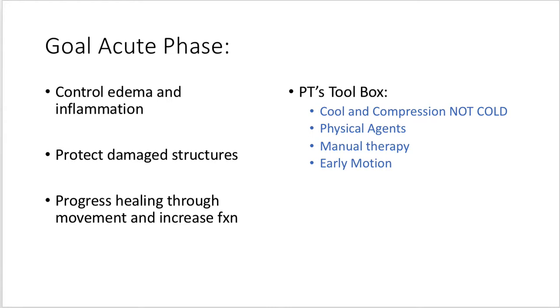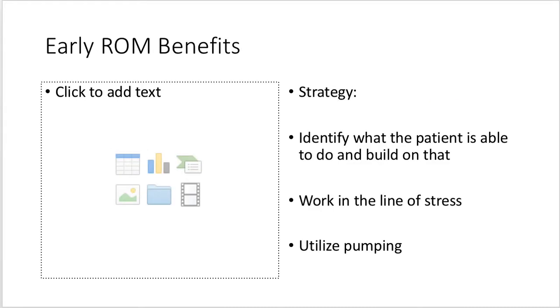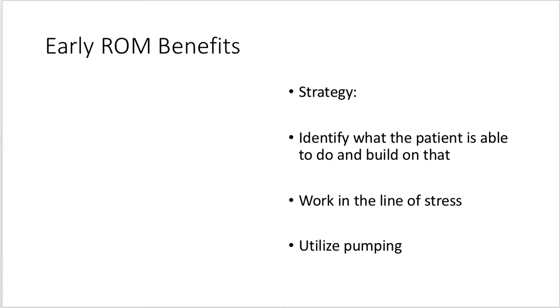Okay, we'll use a lot more of our physical agents, manual therapy, and then early range of motion at this point. Okay, early range of motion benefits. What's our strategy? Well, our strategy is to reduce muscle atrophy, right? So we want range of motion. We want as much activation as a patient can give us.